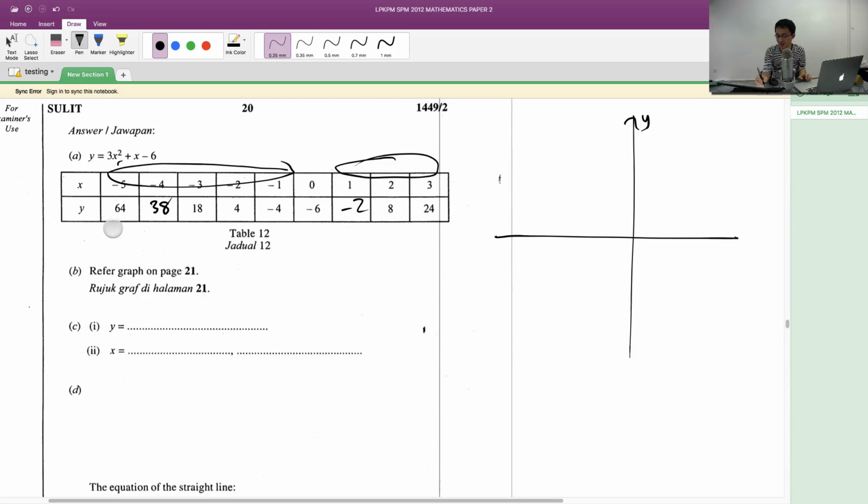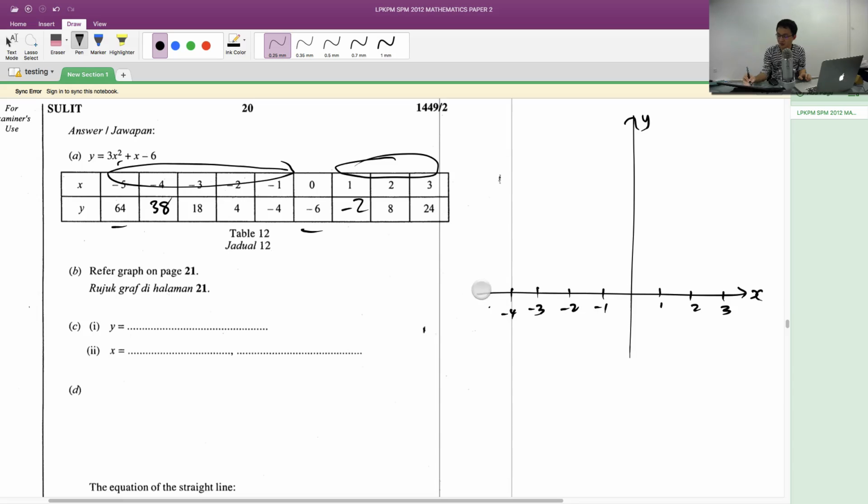And then the maximum is 64, minimum is -6. So this one should be lower a bit. Yeah, this x, and then you should have 1, 2, 3. And this one you should have -1, -2, -3, -4, -5. Definitely if you have graph paper, everything will be very simple.